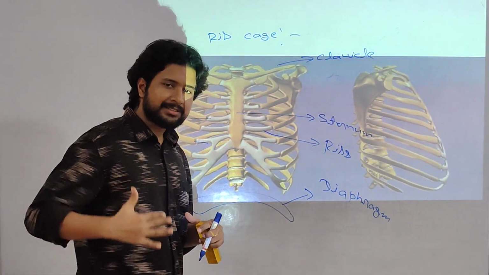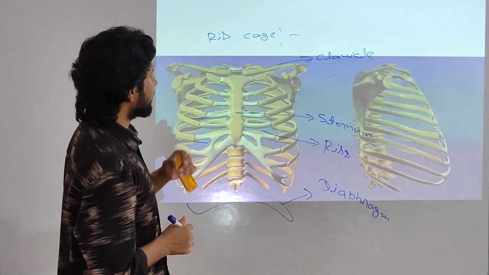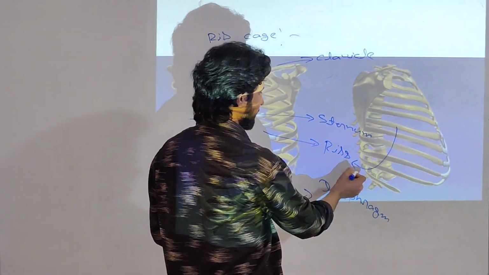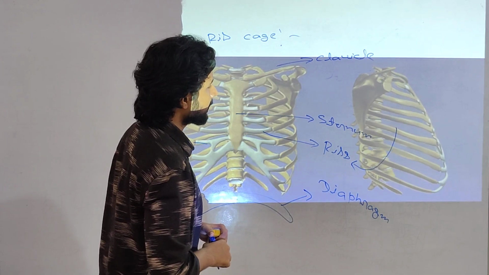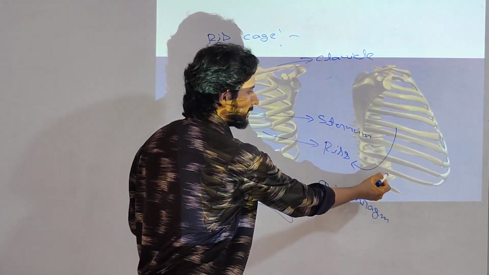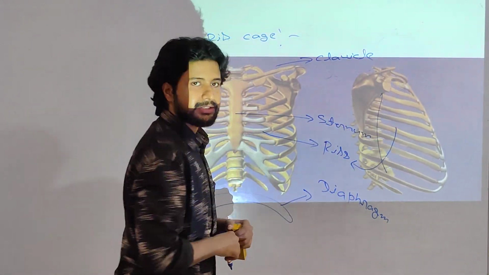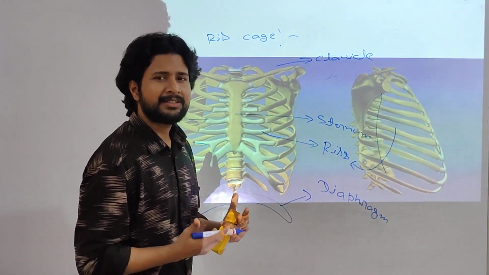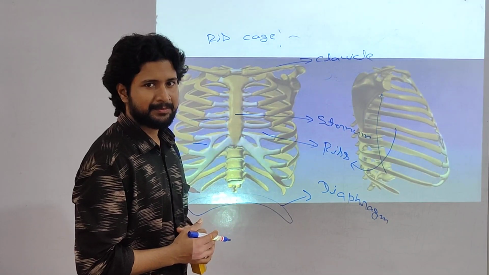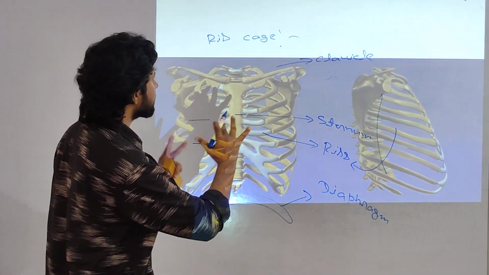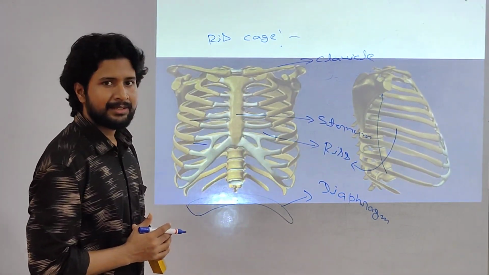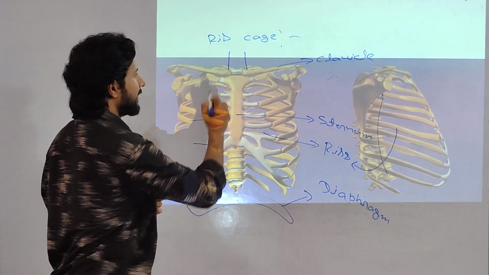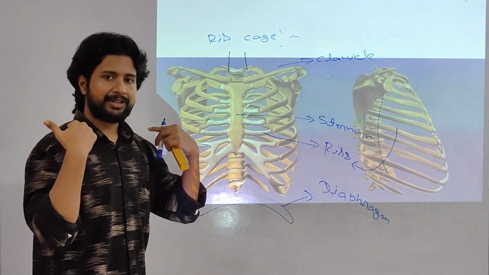And at the lateral side of this rib cage, again these all are ribs. And at the dorsal side, you will find backbone, and this backbone can also be called vertebral column. So if you look at the whole setup of this rib cage, at the anterior end you will see neck as well as clavicle bone.